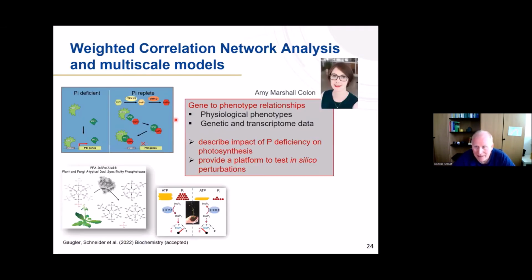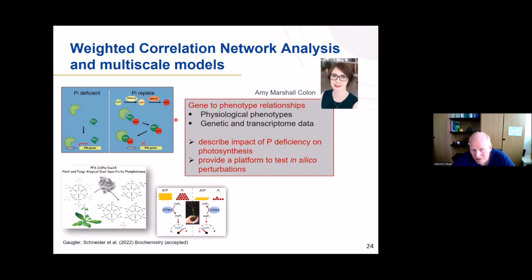Okay. And then also, and this is my last slide for hand over, all of these inputs that we have, so these specific regulatory components that define phosphate use efficiency, but also phosphate sensing, can be used for weighted correlation network analysis and multi-scale models. Yeah? And we hope therefore for input and help from Amy Marshall-Coulon, who will hopefully visit us late in the summer.